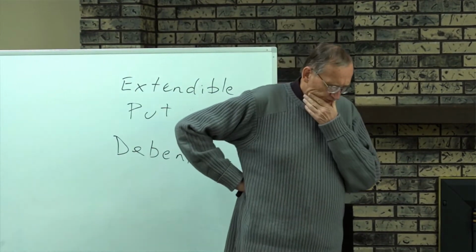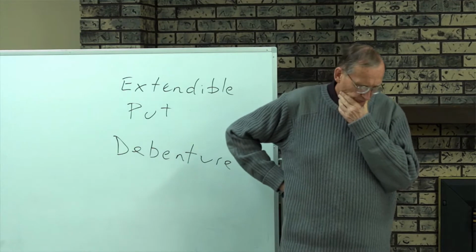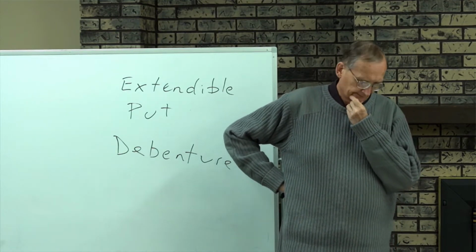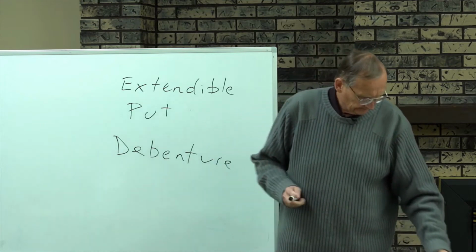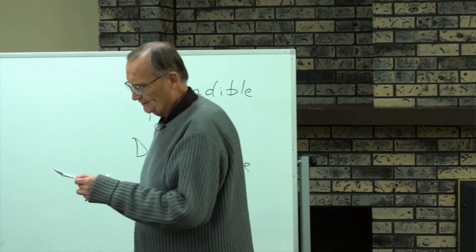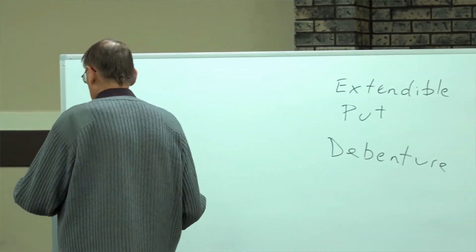If we turn over the page, we want to look at what are called discounts or premiums on a bond. And to do this, we're going to use your calculators. I'm going to get you to do some problems.